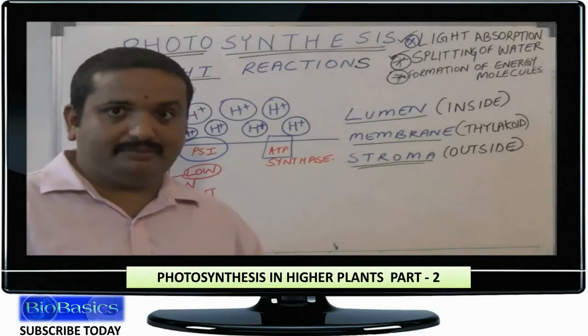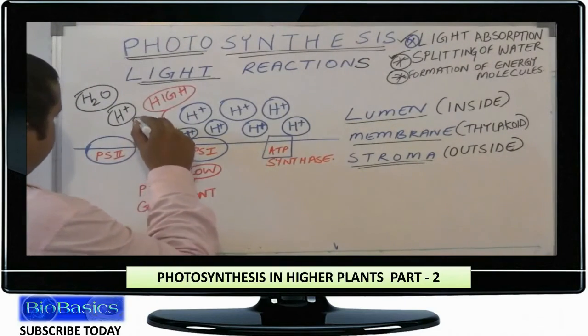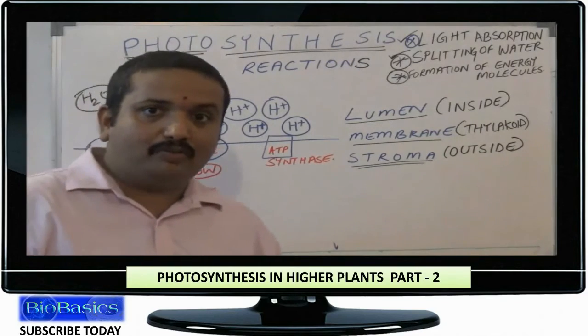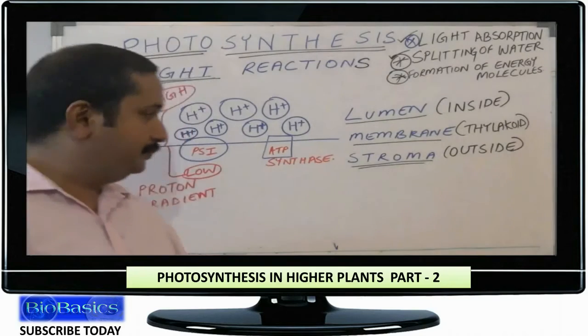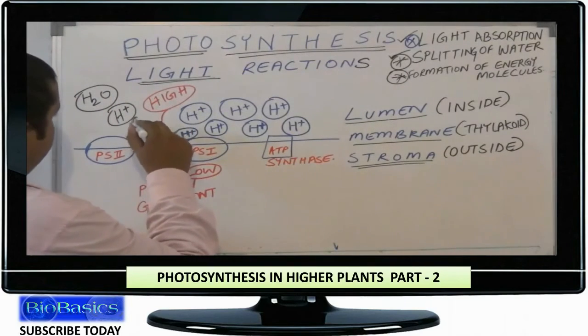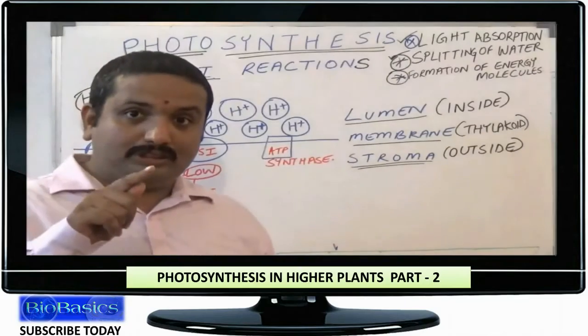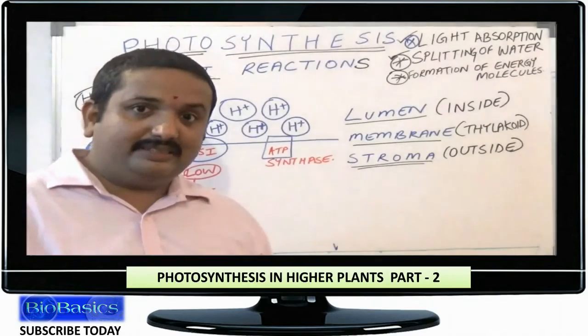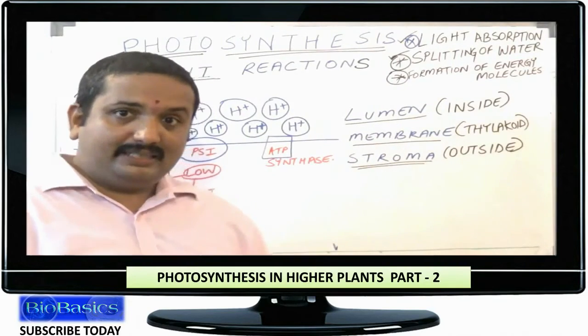Where is that coming from? Another source for protons is when the electrons are moving from one photosystem to the other.